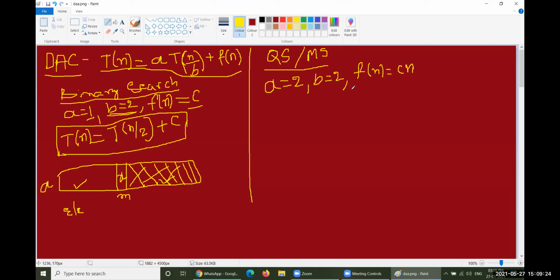While sorting is being done, then n by 2, n by 4, n by 8, and so on and so forth. n will take its own values for each and every recursive call. On substitution of these values, T of n will be equal to 2 into T of n by 2.